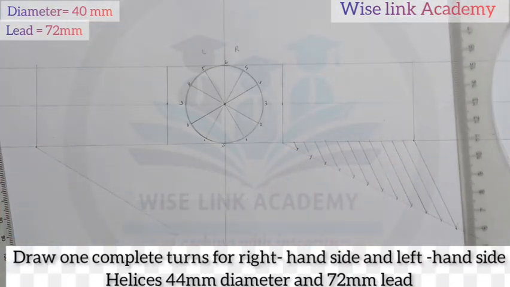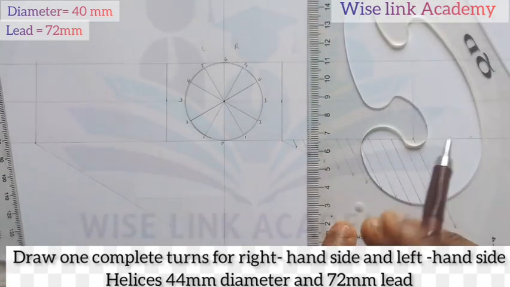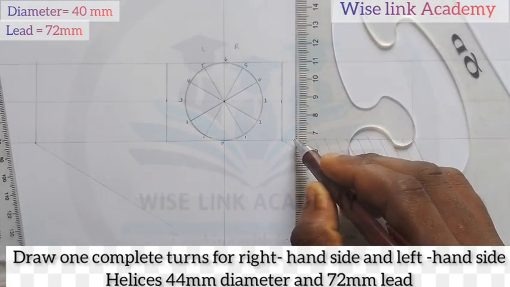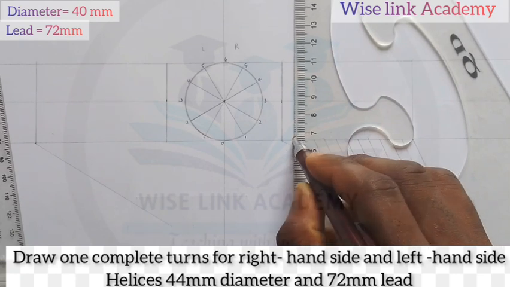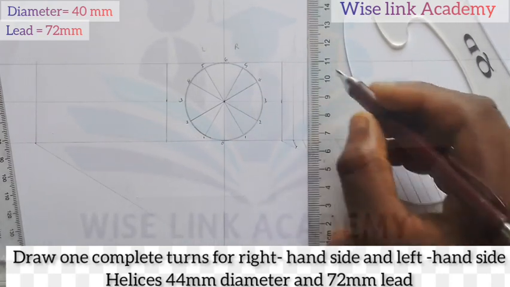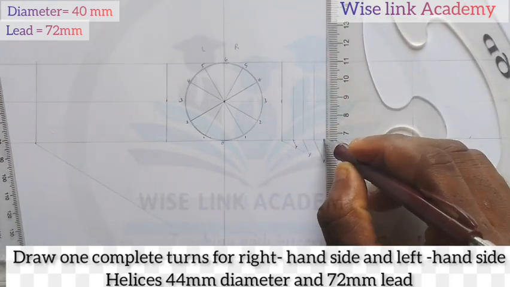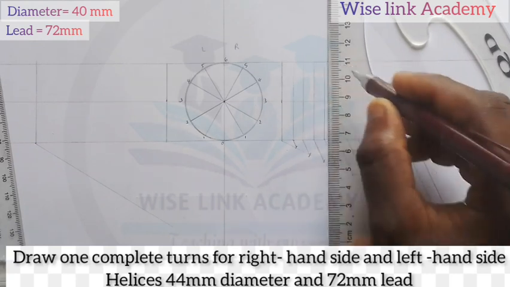Sorry, I have divided this line here into 12 equal parts. I will now take it up. So this point, take this point up. Similarly, take this next point up. Take this point up. Next up, this point up. Take this point up.